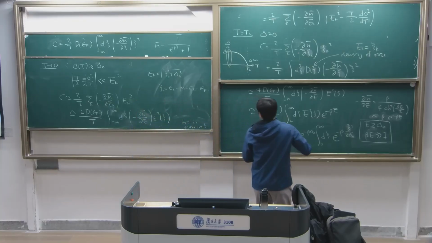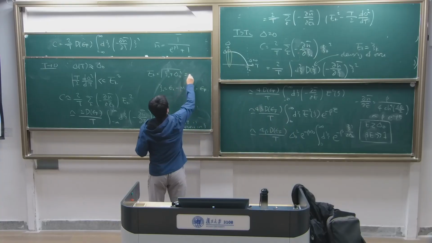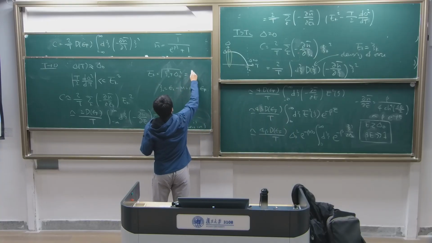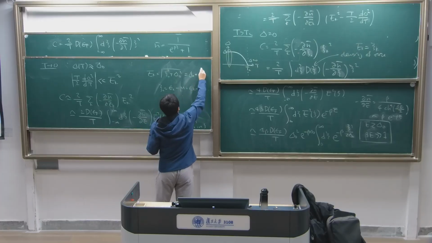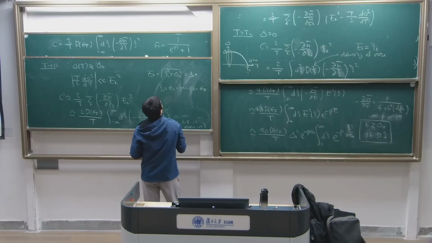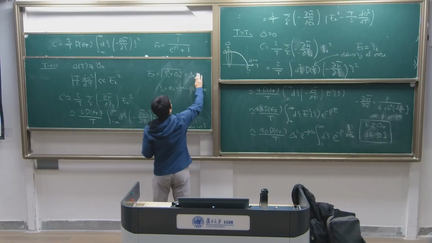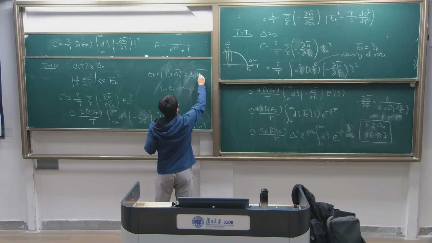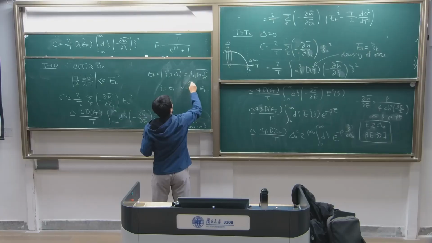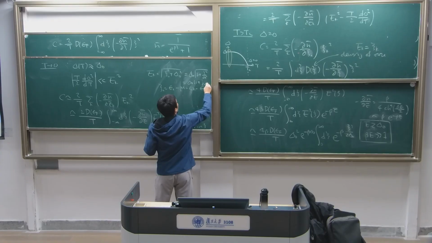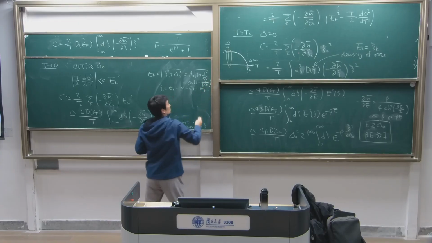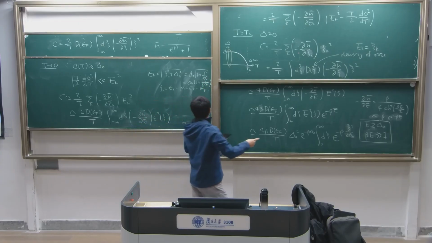So here, again, E is like this way. So this I approximate like this way. Delta naught plus E and delta naught divided by the C. That's what I do, and it becomes like this.